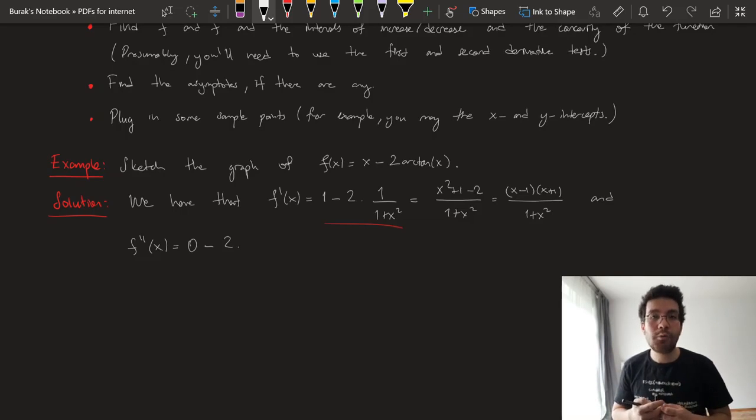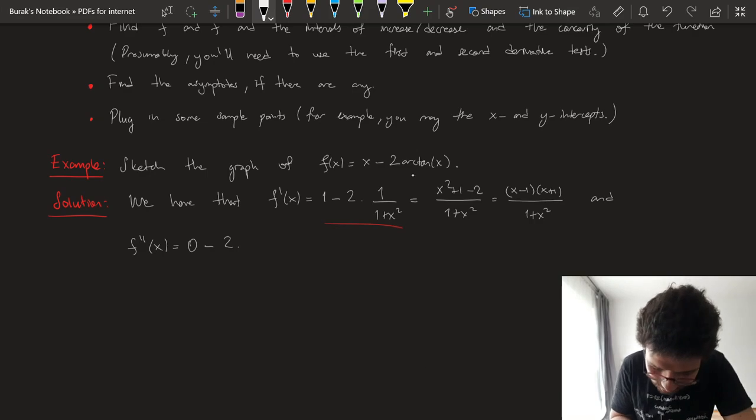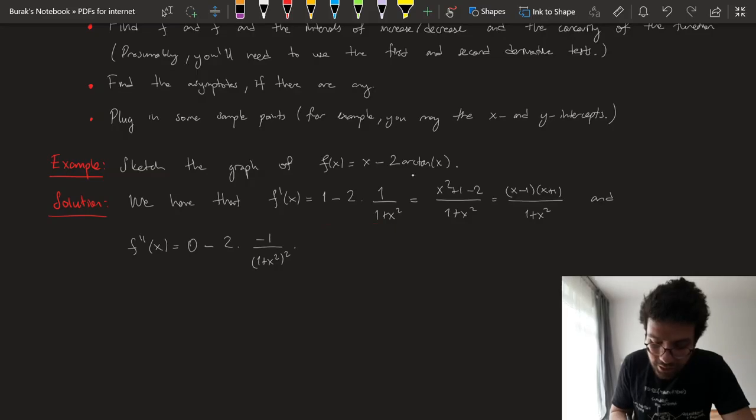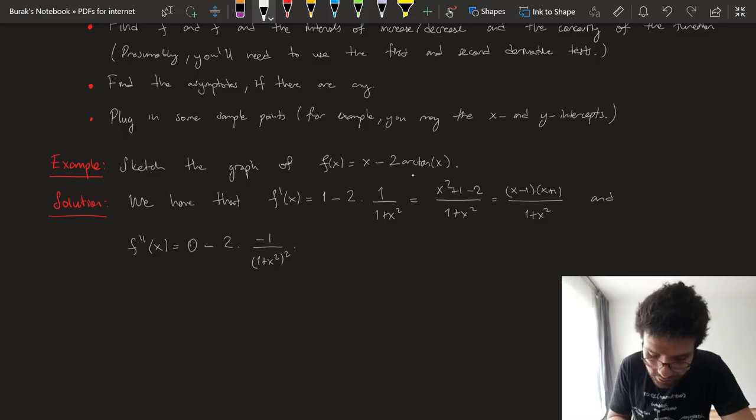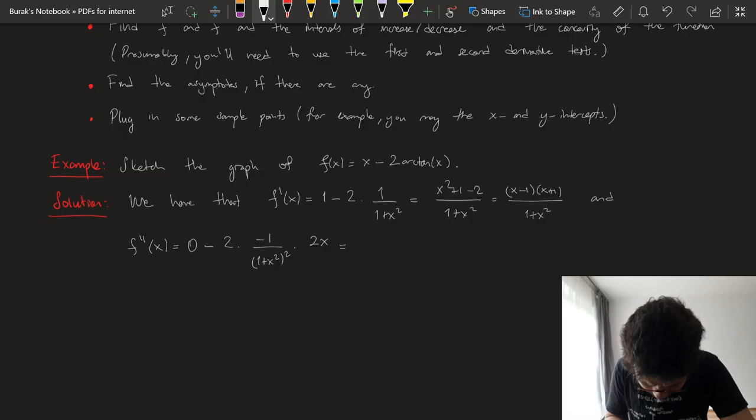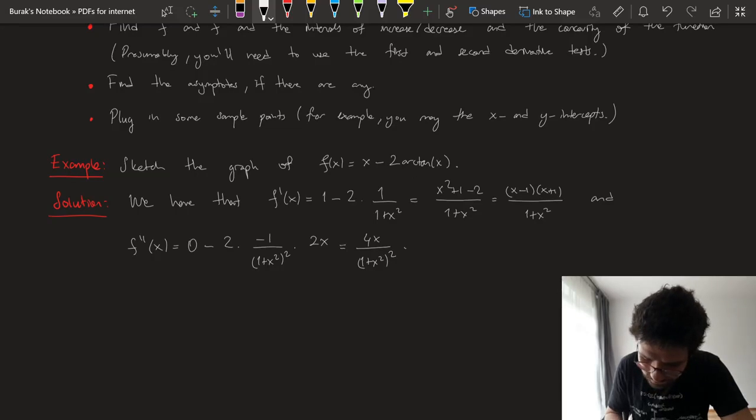So what's the derivative of 1 over t? Minus 1 over t squared. So I have minus 1 over 1 plus x squared, times the derivative of the inside, 1 plus x squared, which is 2x. So I get 4x divided by 1 plus x squared, squared.